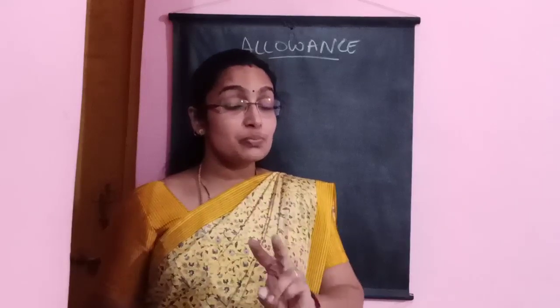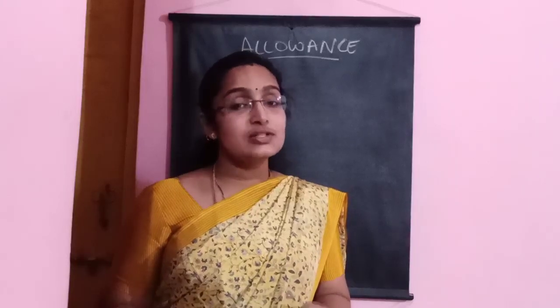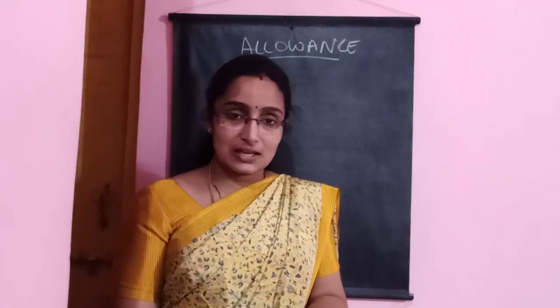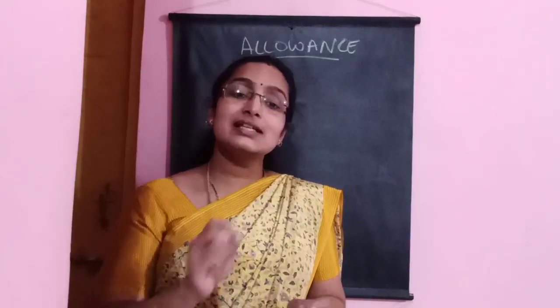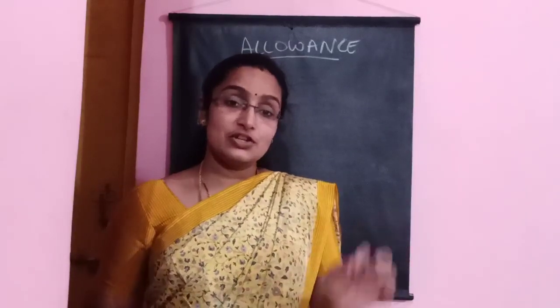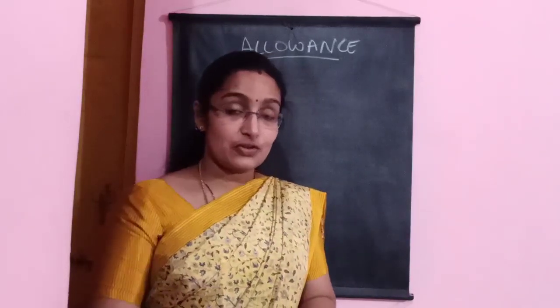So here the amount of rupees 20 is the amount of allowance or the discount we have given to Mr. A. It is not said verbally, but it is written down in the books, due to which it is known as allowance.